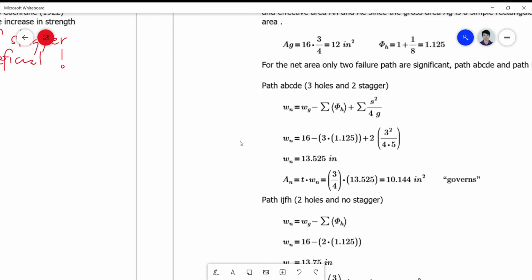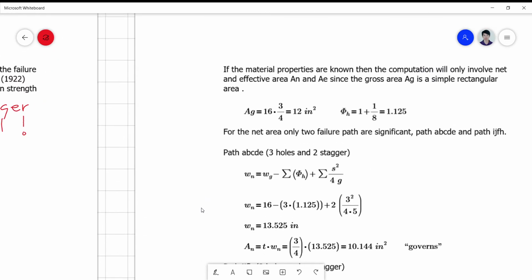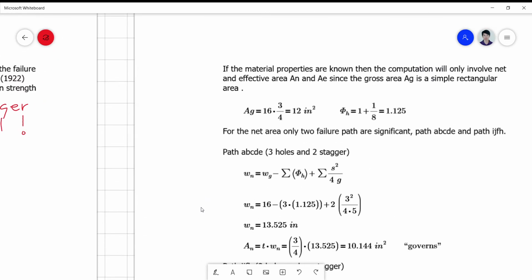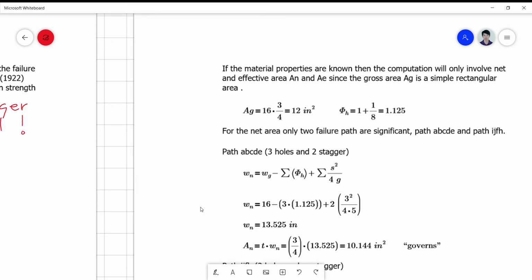The first thing we have to take note of, of course, is the gross area of the plate. The gross area is a simple product of the gross width and the thickness. So it's 12 inch square.